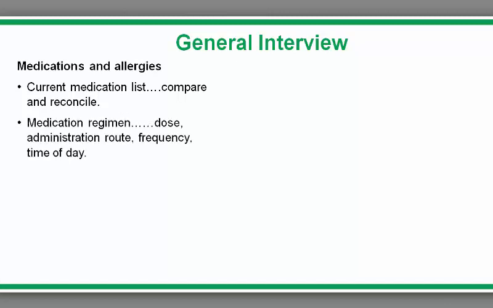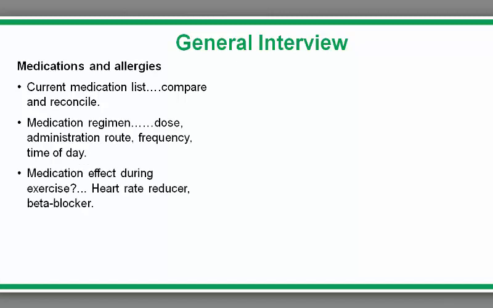The medication regimen in terms of the dosage, the administration route, the frequency of the doses, and the time of day is going to be important, because the medications may very likely have an effect on the outcome of an exercise test and can impact the ability of the patient to exercise.